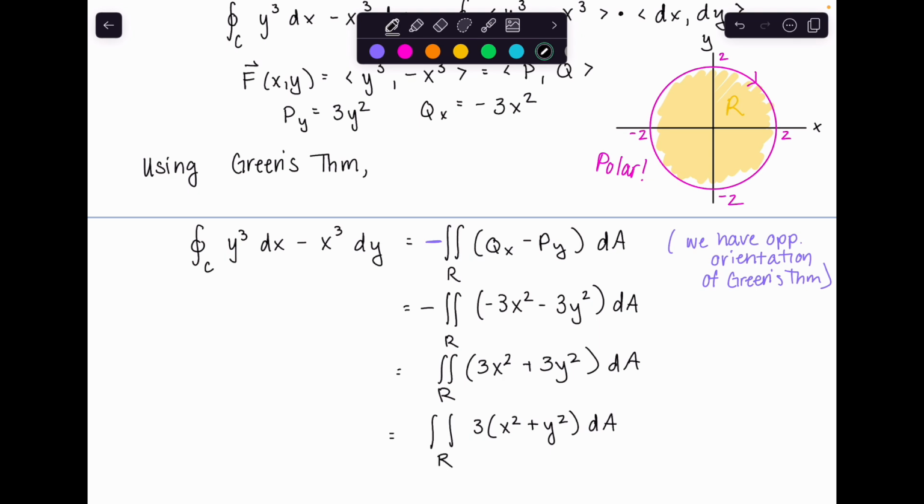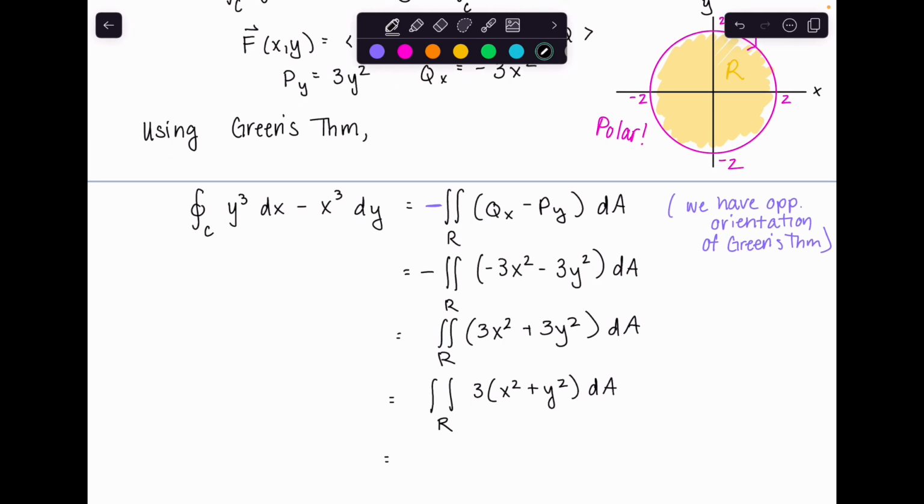Okay. So switching this over, I'll worry about the bounds in a second. x squared plus y squared becomes r squared. So the inside is 3r squared. And then remember when we switch over dA, we end up introducing an extra r. So this is r and then dr d theta.